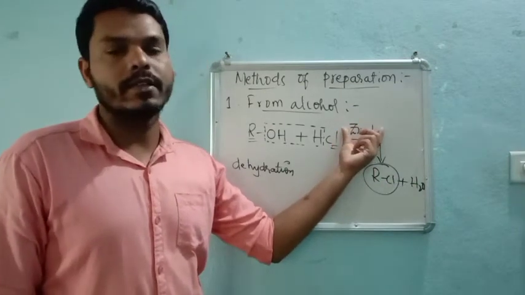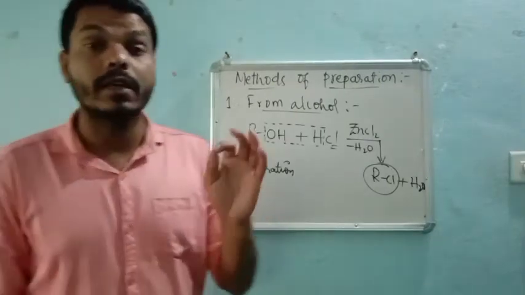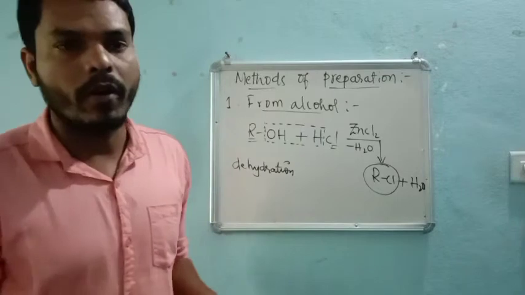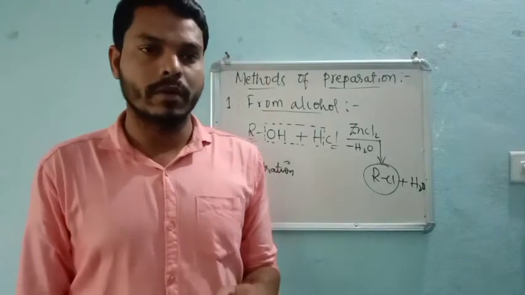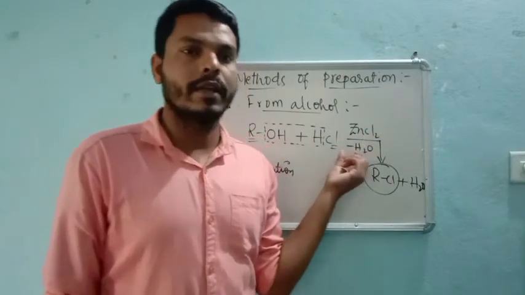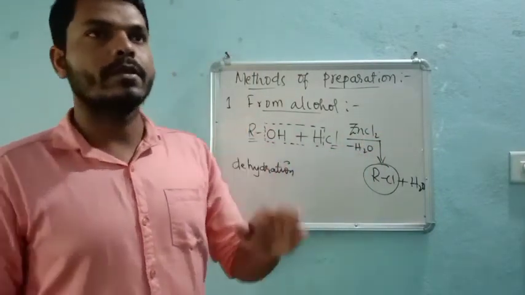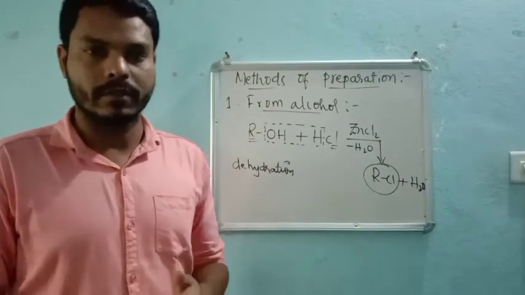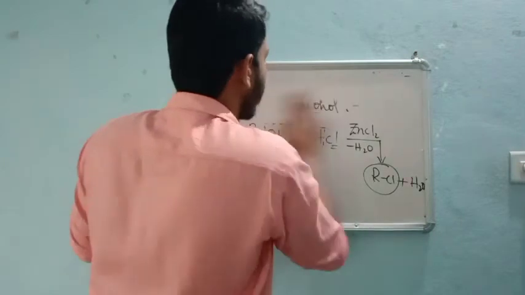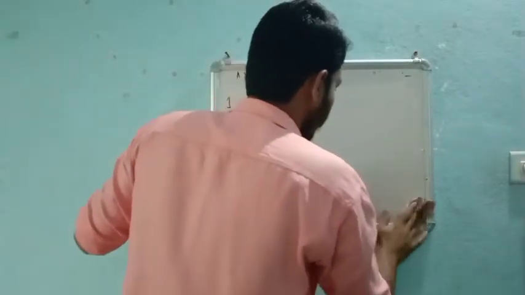Whenever there is ZnCl2, remember there will be a dehydration, as with alcoholic potassium hydroxide. But in this case, they have not used alcoholic potassium hydroxide. Instead, we are seeing the reaction with ZnCl2. So these are some hints on how to remember and how to produce the product from different examples.